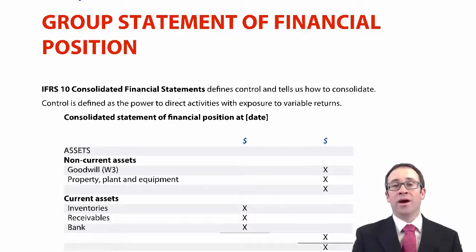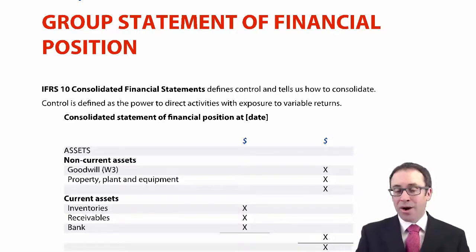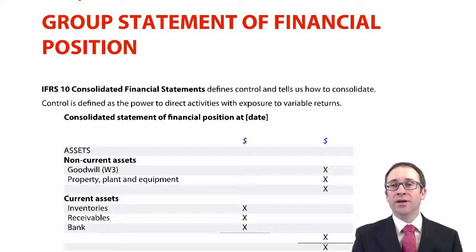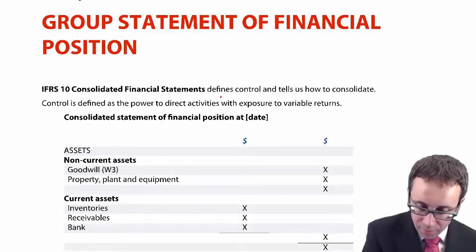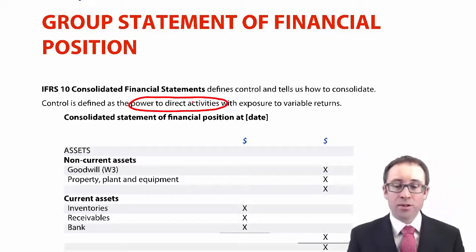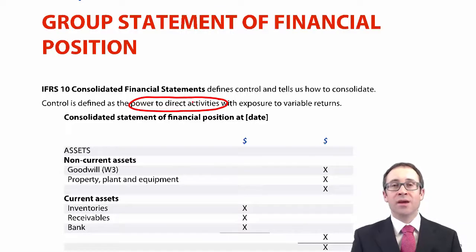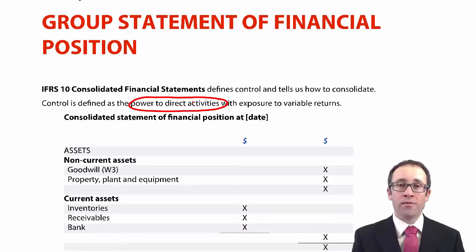So if we look at the consolidated statement of financial position, it reminds us a little bit about what control is. Normally for you and I, that's greater than 50% of the equity share capital. But control specifically is the power to direct the activities, isn't it? And you can direct the activities if you own greater than 50% of the equity shares, because that allows you to pass an ordinary resolution.